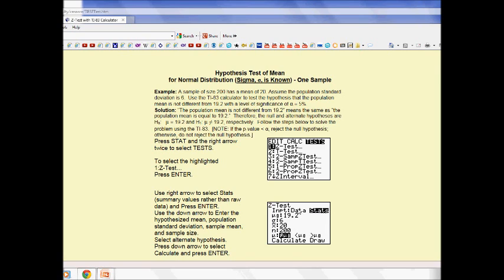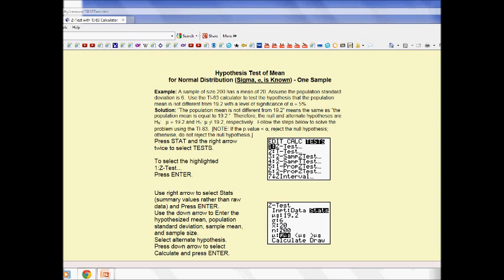I could make you go into the lists and enter all this data for two different populations, and then you just have to hit data. But in all my examples, all the quizzes, all the tests, we're only using stats.